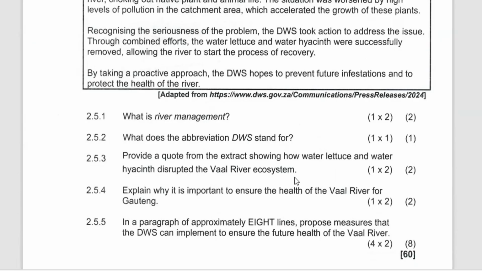We can say it is the maintaining, or the preservation, of water bodies and catchment areas.